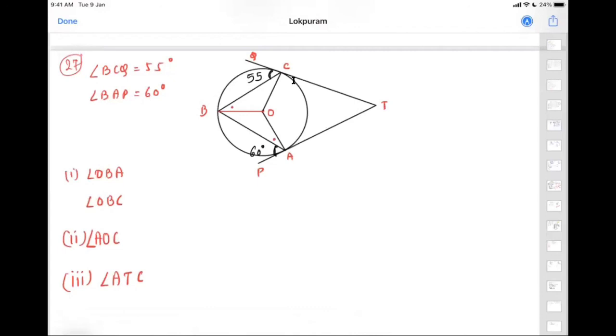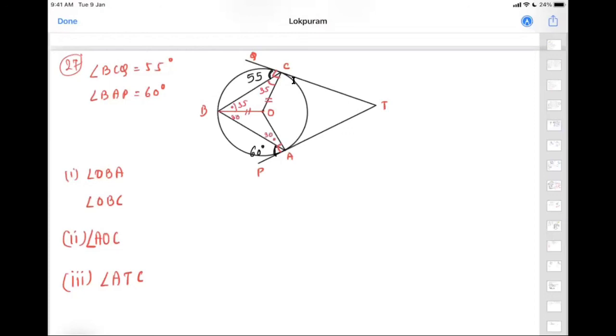तो अभी कैसे मिलेगा एंगल? जैसे we know radius and tangents are perpendicular to each other, तो ये एंगल मिल गया 90 minus 55, 35 degree. So this is also 35 because both sides are equal due to radius. Clear? Same way radius and tangent are perpendicular to each other. So this is 30.